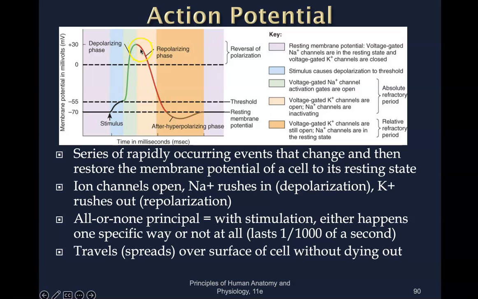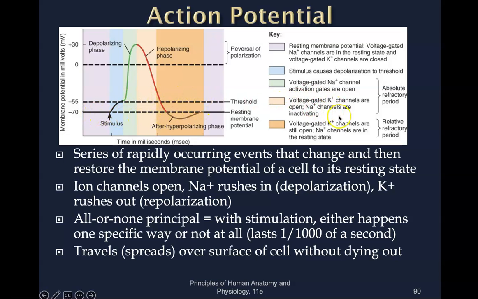And now, finally, those creaky potassium-gated channels are open, and they're going to allow potassium to rush out, okay? And as that potassium rushes out, it's going to return that negatively charged membrane potential, back to eventually our resting membrane potential at negative 70 millivolts, okay?